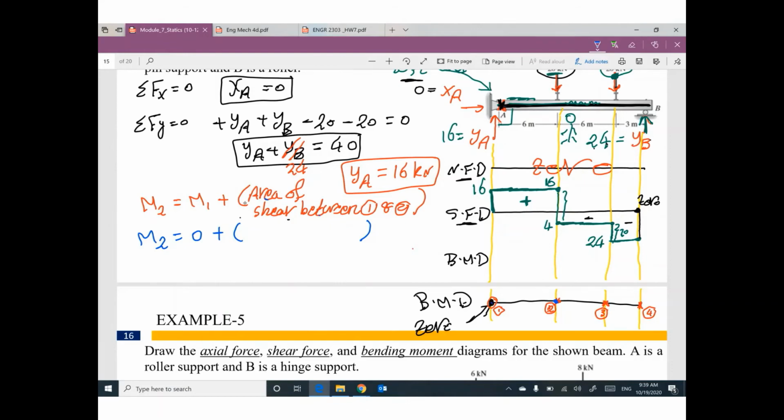Between 1 and 2, we have this shear force diagram. What is the area of this diagram between 1 and 2? It's a positive 16 times 6. Can you tell me what is the value? Positive 96. So the value here will be positive 96.